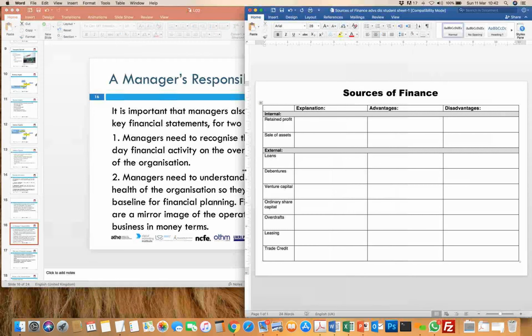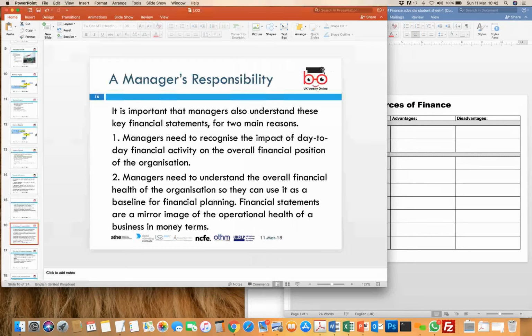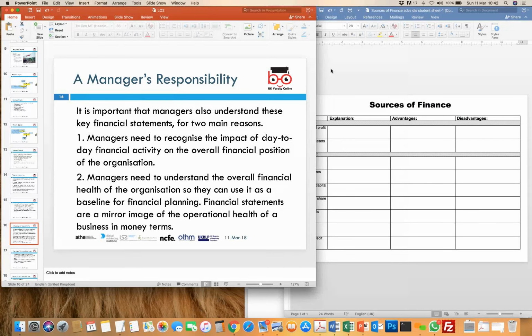If I have to look on a monthly basis, how is the business doing? Which particular statement or financial document would you look at from a manager's perspective to get that idea?